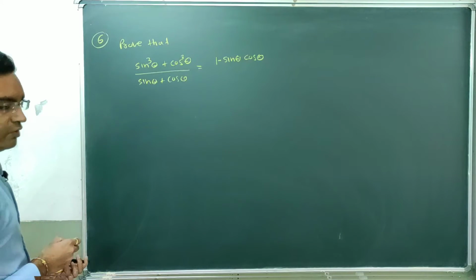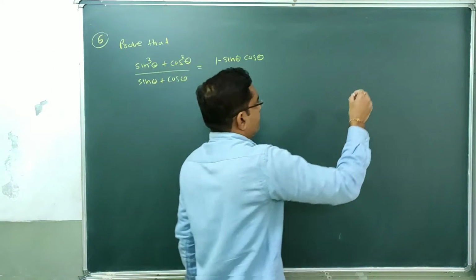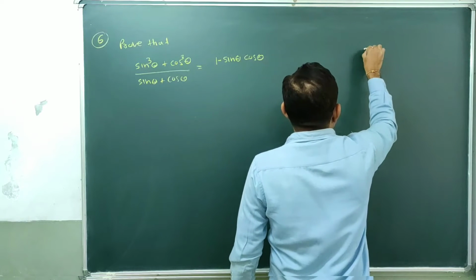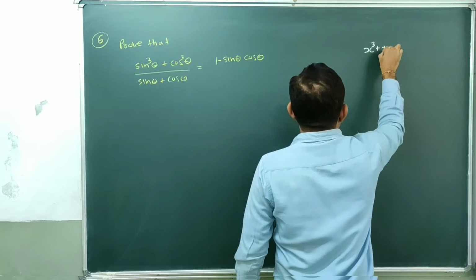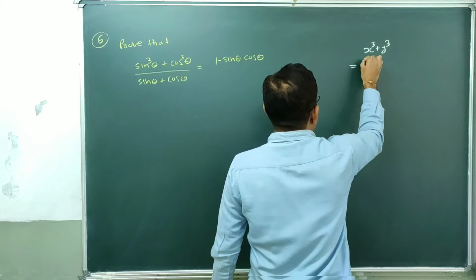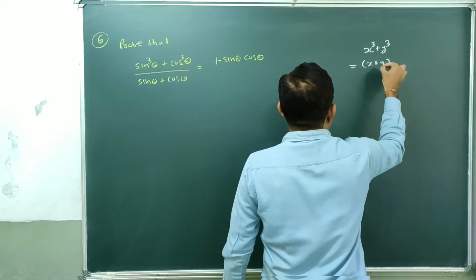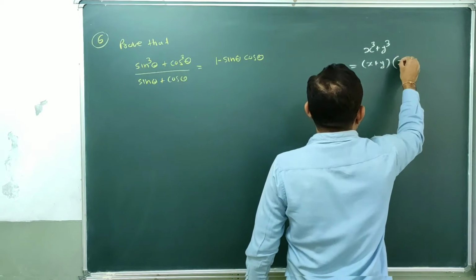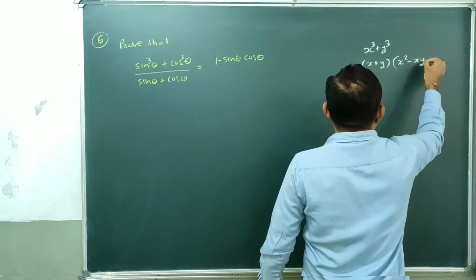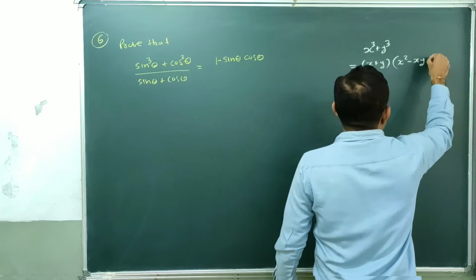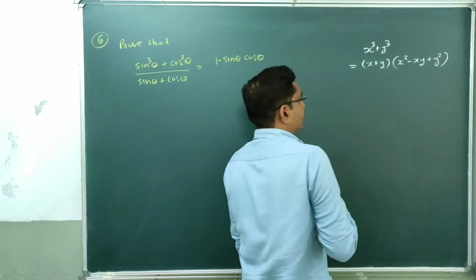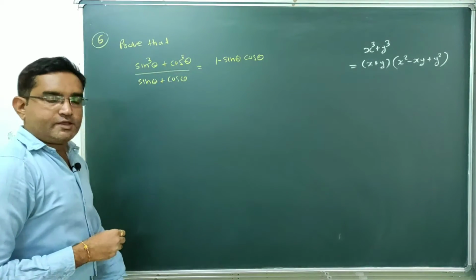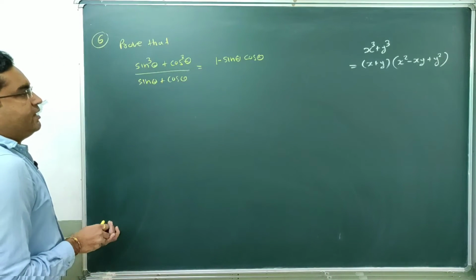So for this we have to use one identity that we have studied in our A standard, x cube plus y cube, and that is equal to x plus y, second bracket, x square minus first into second term plus second term square, that is y square. Done. The x cube plus y cube identity is there.